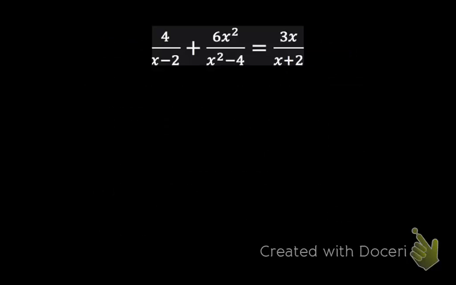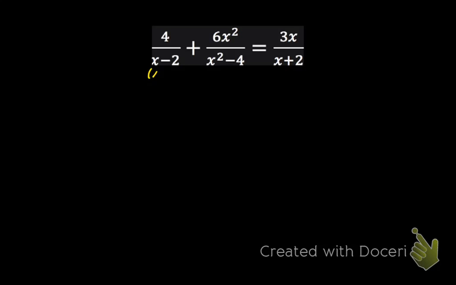So here's a problem. I chose one that's not a proportion because I think we're pretty comfortable with proportions. So the first thing we need to do is find the LCM of all of the denominators. Now, the reason that we can't cross multiply on this one is because on this left side of the equation, because we're adding 2 together, we have more than one fraction.